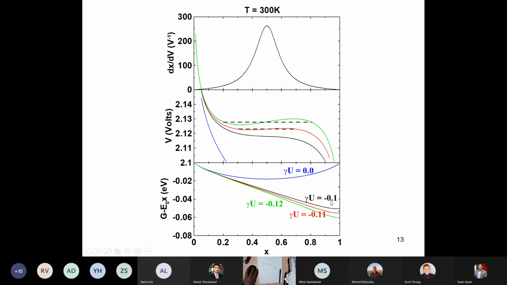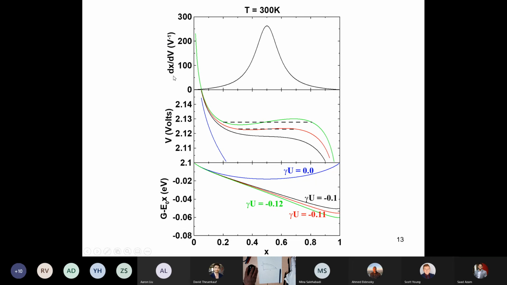So with gamma u equals minus 0.1, if you take dx dv, the derivative of the black curve, and I guess I'm taking negative dx dv because x increases when the voltage goes down, so this is actually negative.